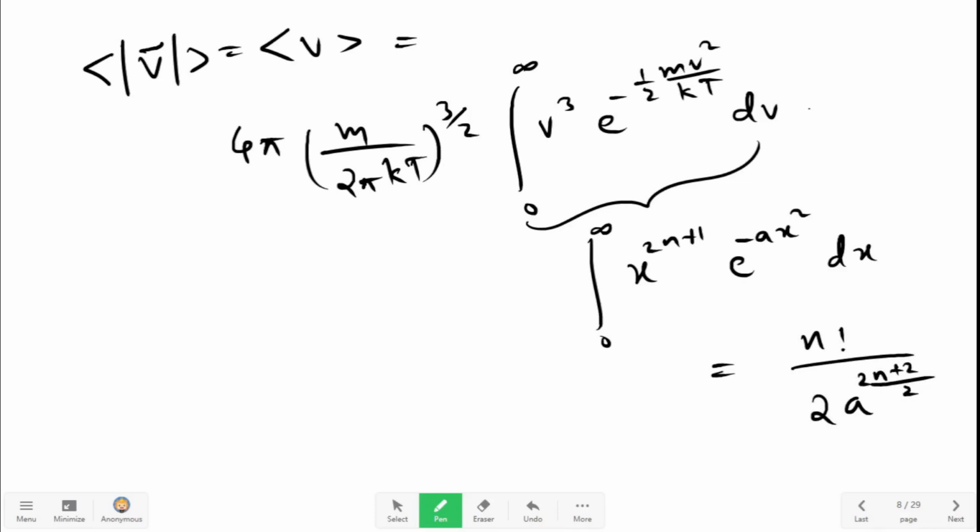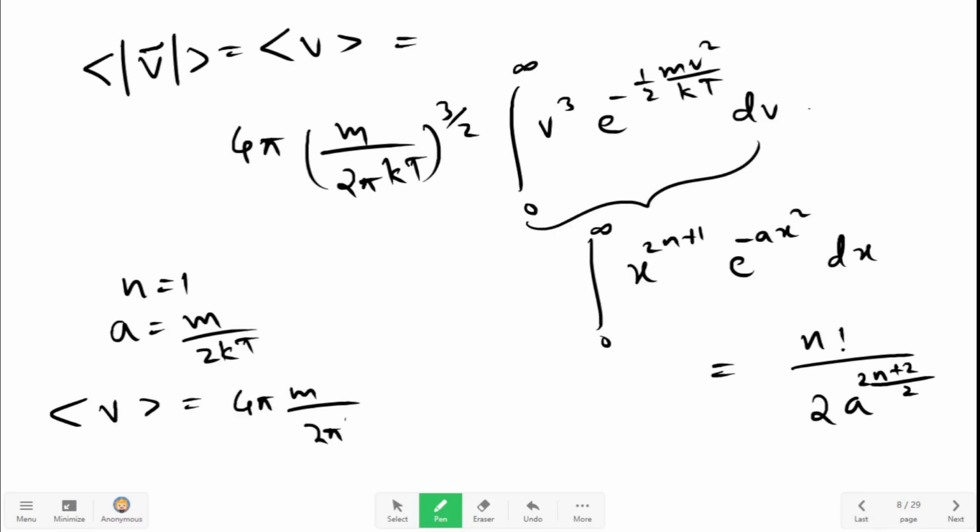Here n is equal to 1, a is equal to m by 2 kT. Therefore the average of v is equal to 4 pi times m by 2 pi kT, the whole raised to 3 by 2, times n factorial, which is 1 factorial, divided by 2 times a, which is m by 2 kT, the whole raised to n plus 1, that is squared.